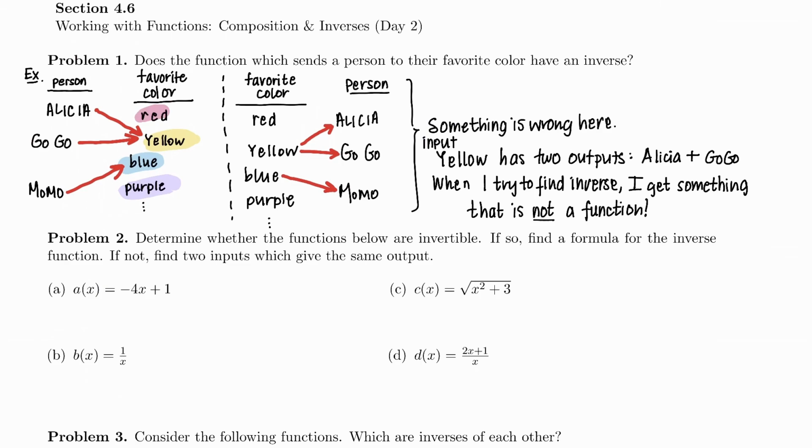So this function that sends a person to their favorite color does not have an inverse. It doesn't have an inverse, because it's not a function when I try to invert it.